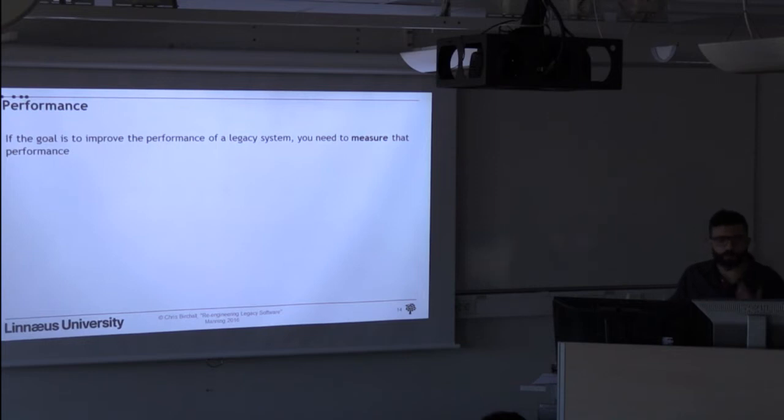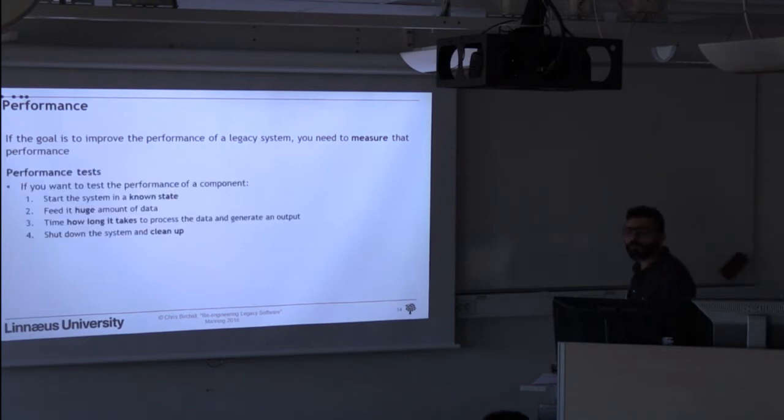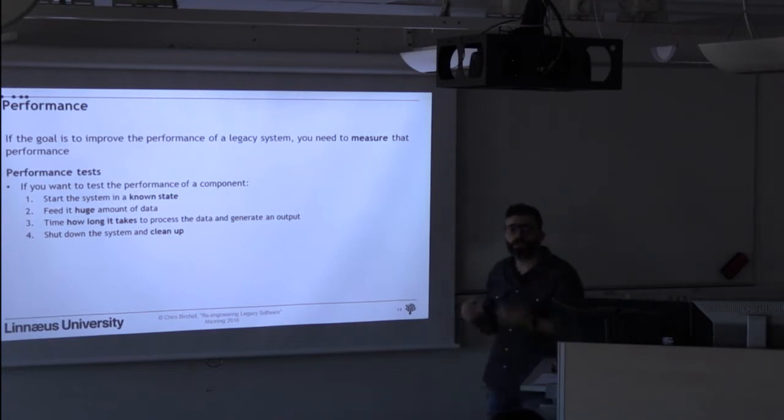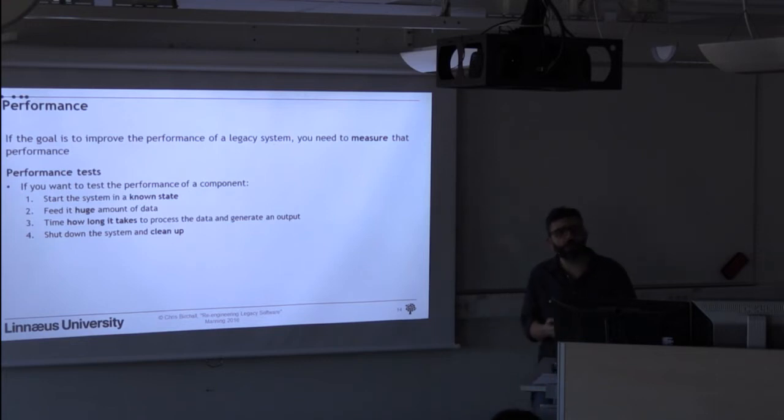Otherwise, you can perform some performance tests: start the system in a given known state, feed it with data, and measure how much time it takes to compute that data.